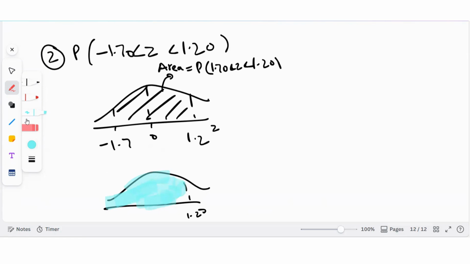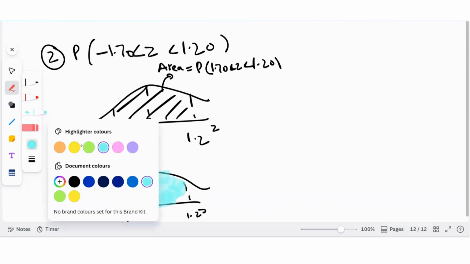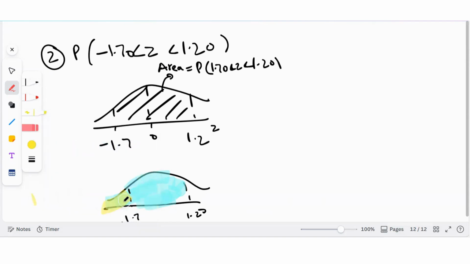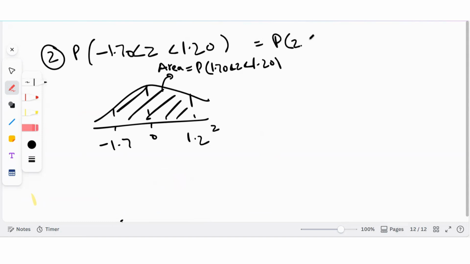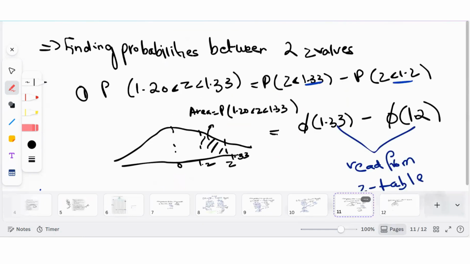If from this we now subtract the probability z is less than minus 1.7, what's remaining is the probability z is between minus 1.7 and 1.2. So you can write this probability simply as z is less than 1.2 minus probability z is less than minus 1.7, which is the same argument we used here, right?